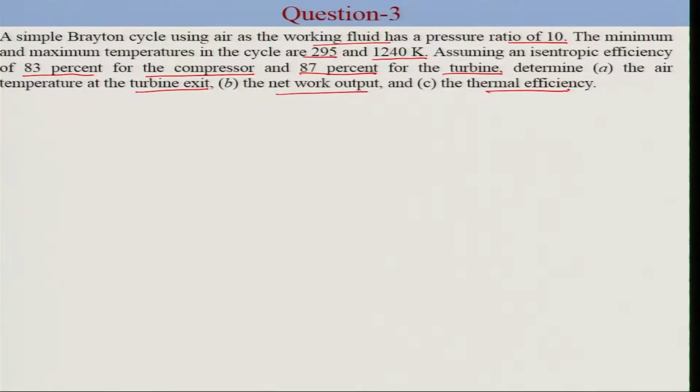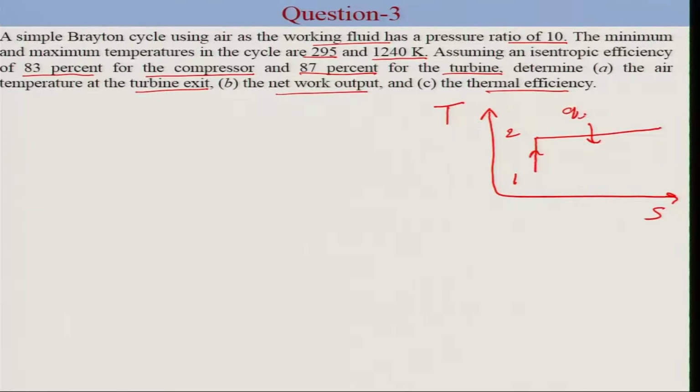Now, since this is a Brayton cycle, if you see this process on a TS diagram, the first process will be an isentropic compression from the state 1 to 2, then heat addition will take place at constant pressure, then isentropic expansion will take place in the turbine and heat rejection will also take place at constant pressure.